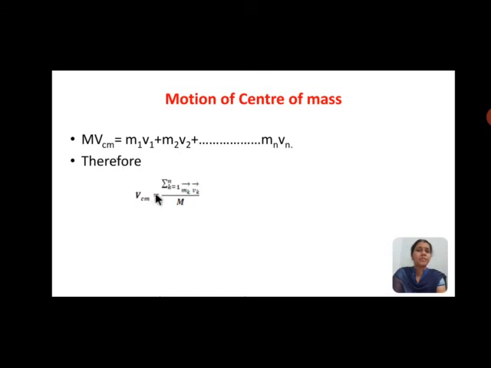VCM is equivalent to this equation. See, previously I have shown that m1 plus m2 plus m3 is nothing but the summation of small m, and m1 v1 plus m2 v2 plus m3 v3 is the summation of mk vk, divided by M. So this gives the motion of the center of mass.